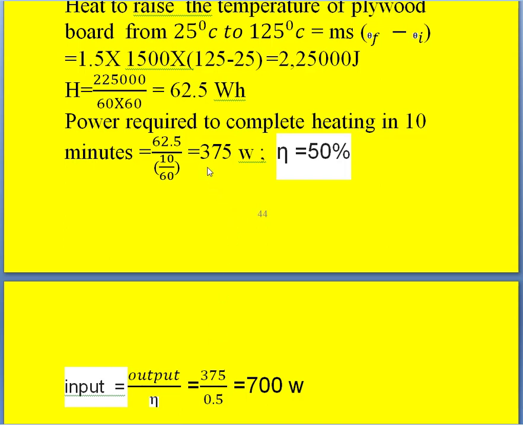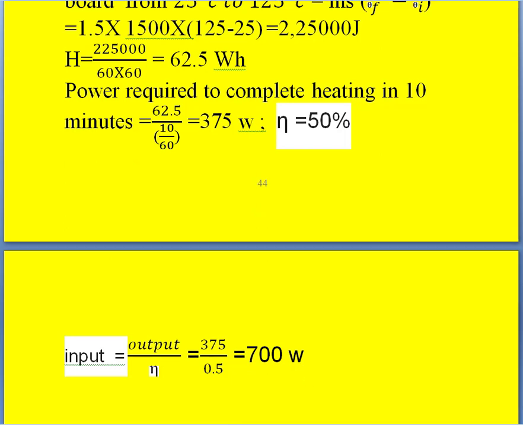The output we know, that is the required heat, 375 watts, divided by 0.5. So we get 750 watts. So if we give 750 watts input power to this system, we get the 375 watts power as output.